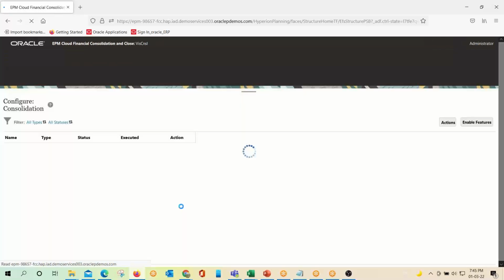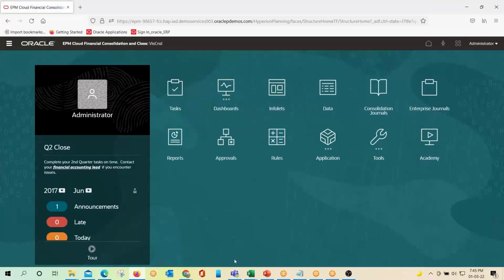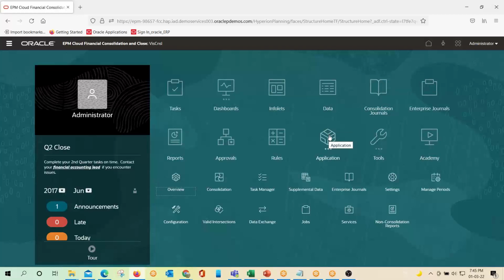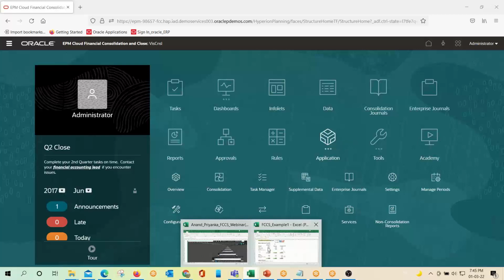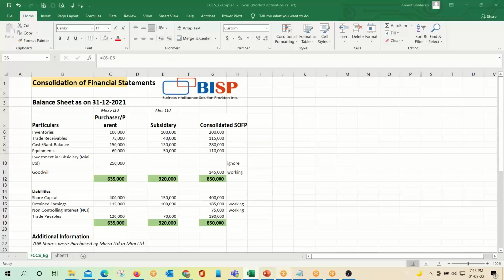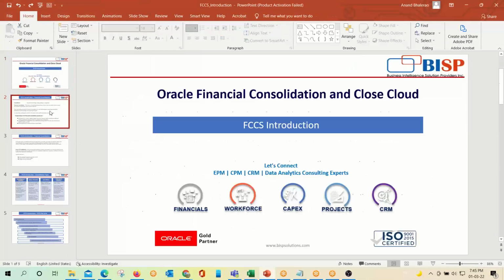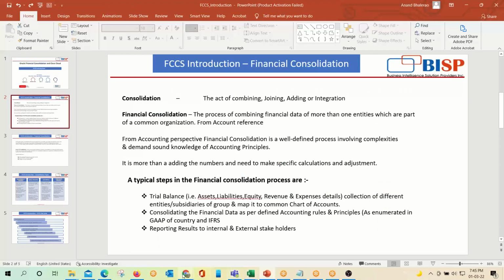In our coming session, we will learn how this application is created. We will make this application loaded live in our next class, taking the features which are required and leaving those which are not required. This is for today's class.